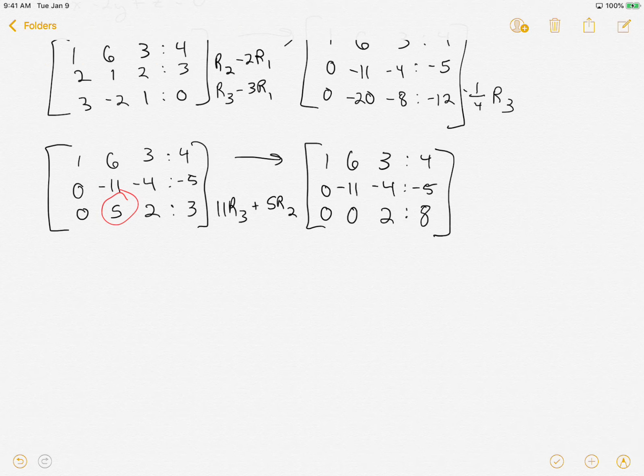Okay, so then if we divide everything in row 3 by 2, we will get it to the proper form of row reduced echelon form. So we get this.